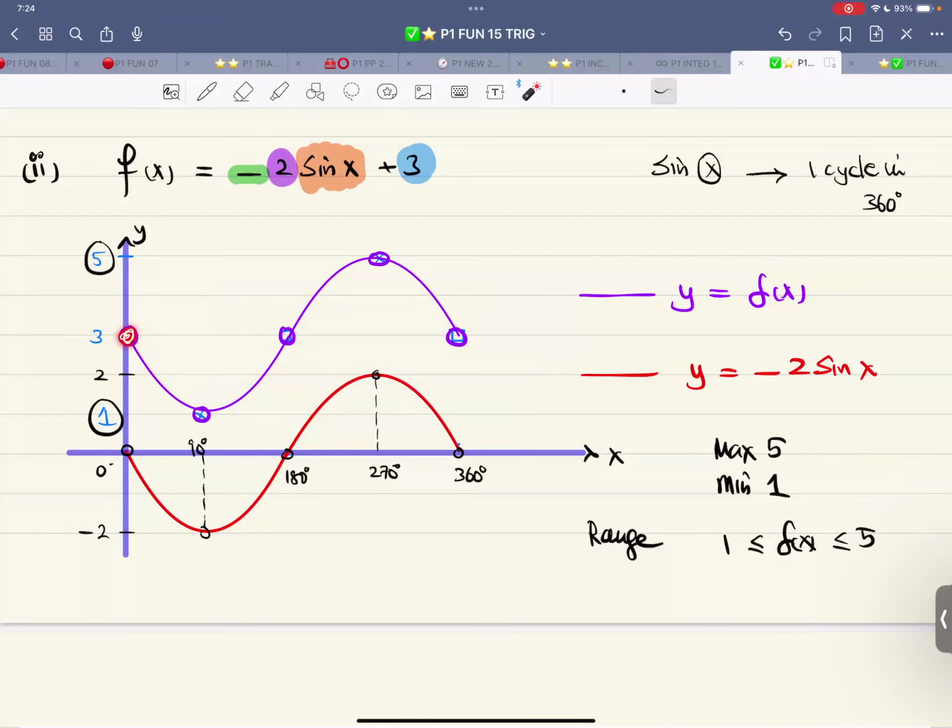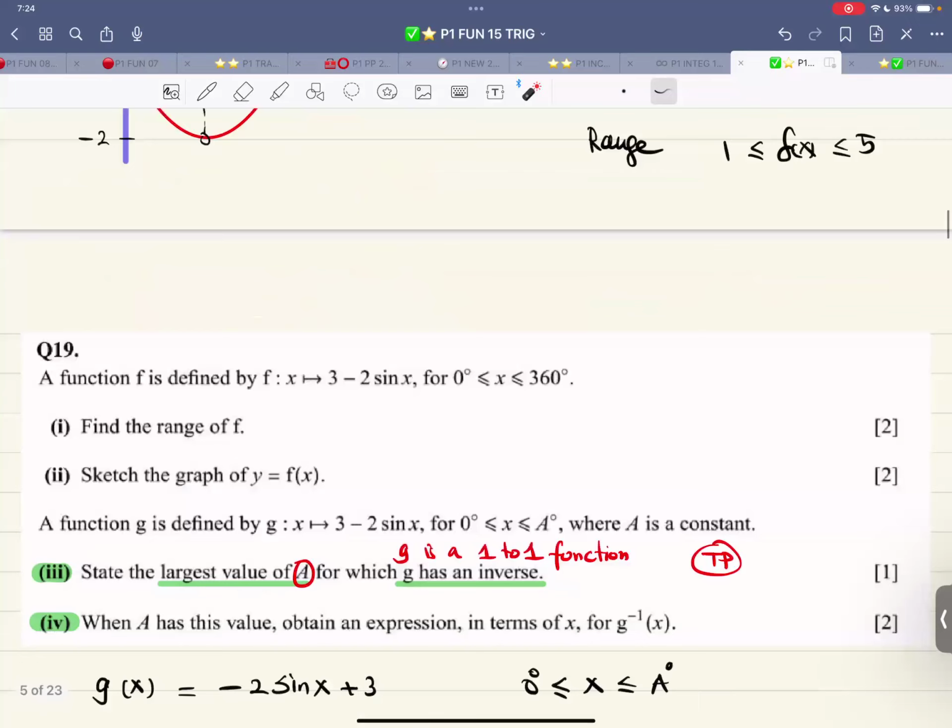But if I start from here, keep on going, and stop over here before I rise up, that is a 1-to-1 function. It will fail the horizontal line test from here to here. Or from here to here, this is also a 1-to-1 function. From here to here, this is also a 1-to-1 function.